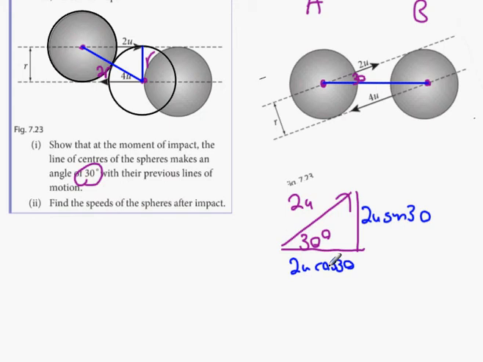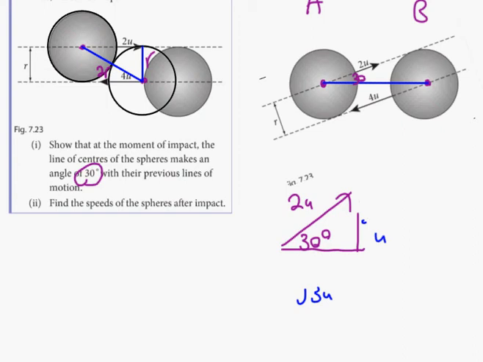It's root 3 over 2 actually. So it's going to be root 3u, and the other one's going to be 2 times a half u. That's that one broken up into what we need to know.